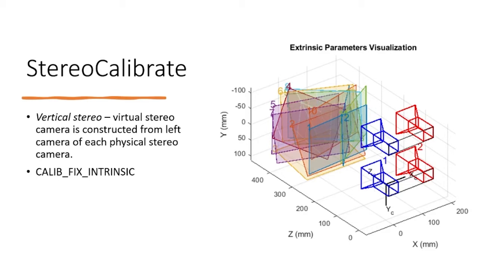Given that both of these sensors are factory calibrated, I use the CALIB_FIX_INTRINSIC flag, so it does not try to optimize distortion and camera matrices, because these are already known from factory calibration. And as I said, when I compared the results of these two, there was a variation just under 1 millimeter.